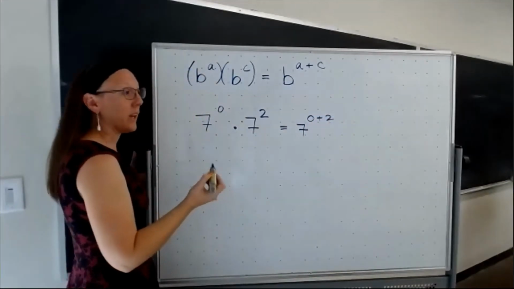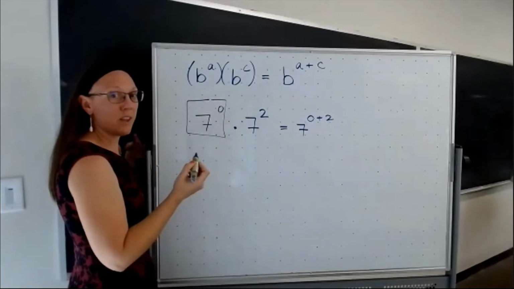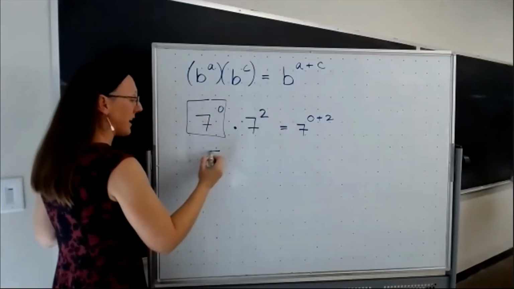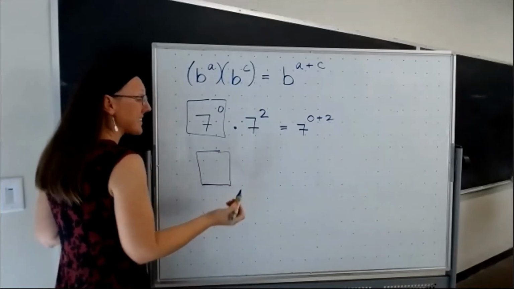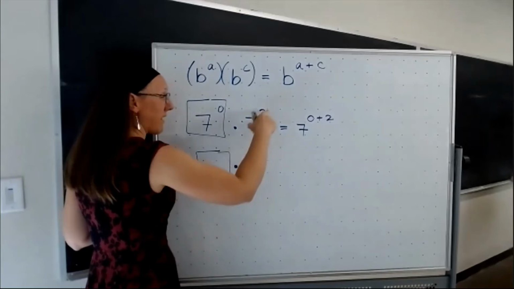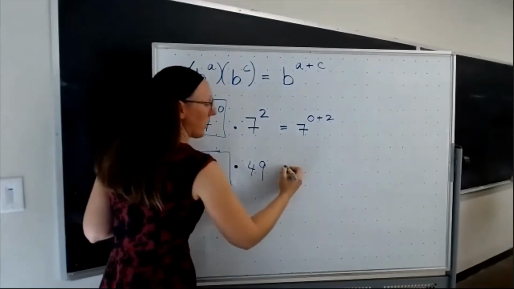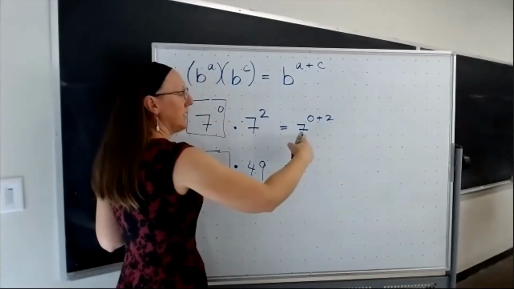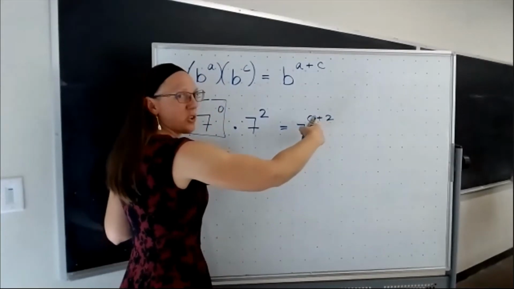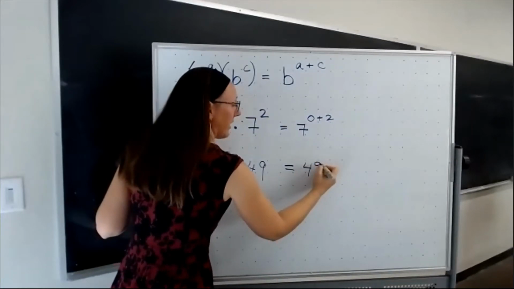Well, for the time being, let's pretend I don't know what 7 to the 0 is. Well, then this statement says whatever goes in this box has to make this thing true. Something times, well, 7 squared is 49. So something times 49 would have to equal 7 to the 0 plus 2. That's the same as 7 squared. So that is another 49.